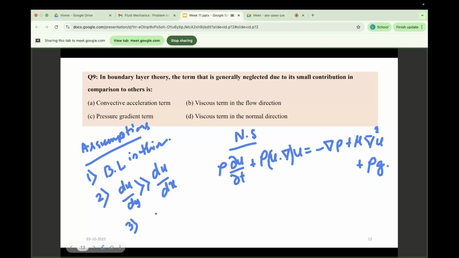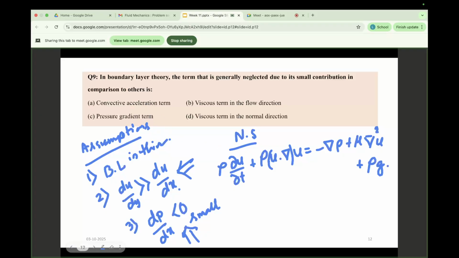The third is dp/dx should be small, or even it can be negligible. But the question is which of these terms should be negligible, either this term or this term. So there are two options for what should be negligible. So in which option do these terms come?